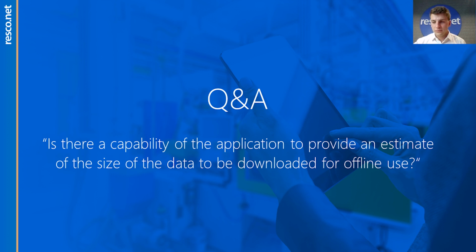But with Resco, you have that tool, the storage analyzer. So what I would recommend is to set up some basic project for testing, do the first sync, and then run the storage analyzer. The storage analyzer will tell you exactly which is the heavy entity, what is really making the impact, and from there you can go on and fine-tune the synchronization. And as I said, Resco support is always available to help with this.